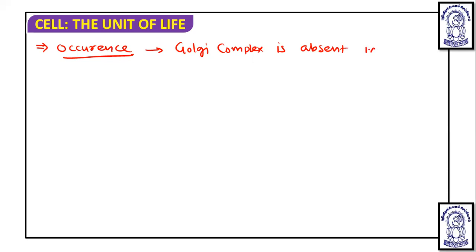Now after the structural component, we have to talk about some more points, and that is the Golgi occurrence we have to note down. If we talk about the occurrence, the Golgi apparatus or complex is absent in prokaryotic cells, obviously, that we know.